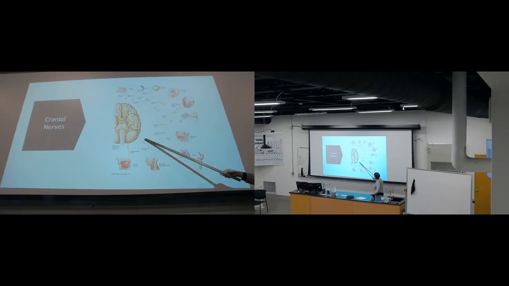And then 10, vagus nerve, innervates viscera, the organs in the thoracic cavity and in the abdominal cavity. It's part of the parasympathetic system. Accessory, motor portion innervates sternocleidomastoid and trapezius muscle.